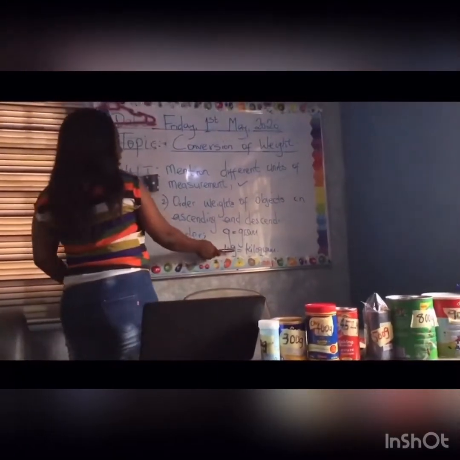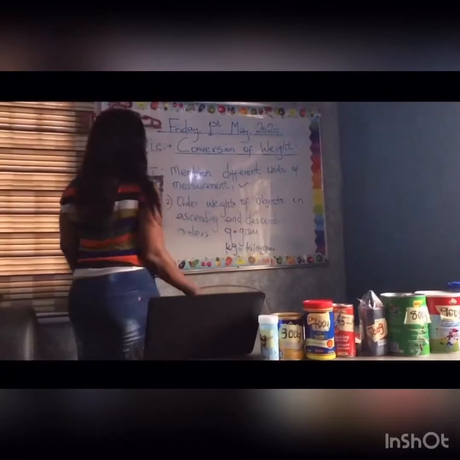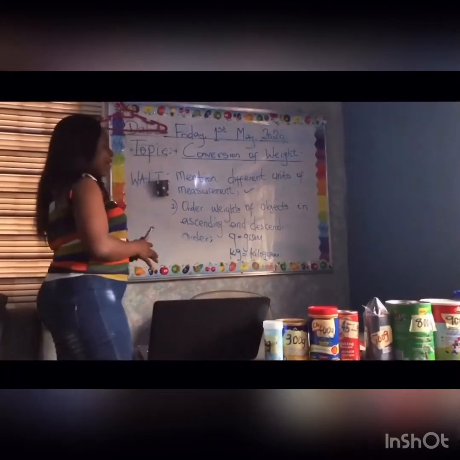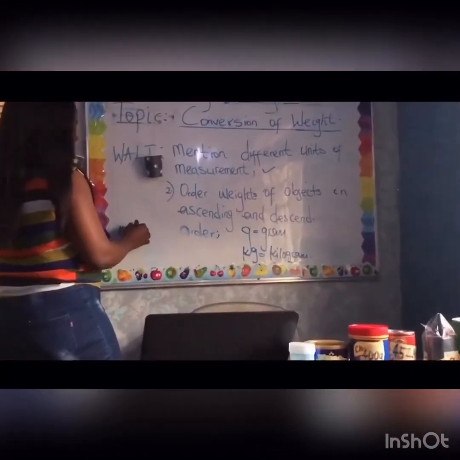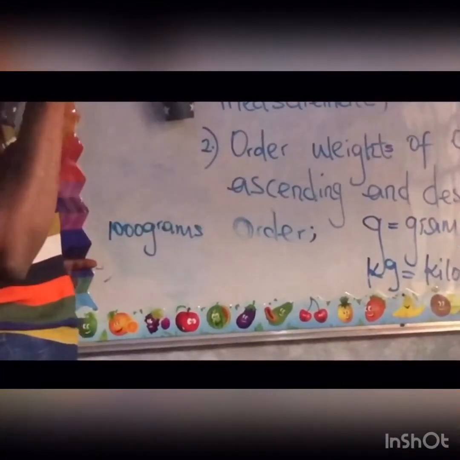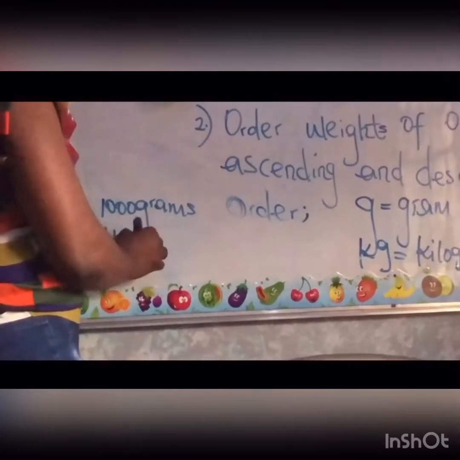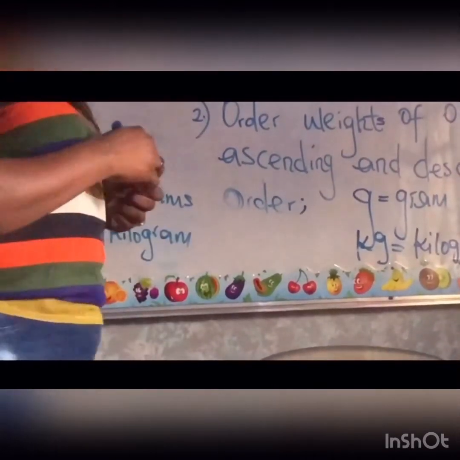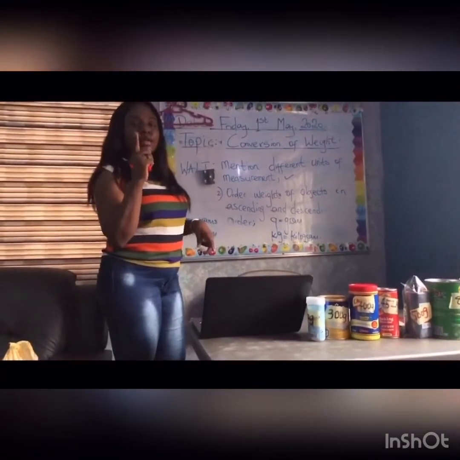The K stands for kilo, while the G stands for gram. That's kilogram. And we have 1,000 grams contained in 1 kilogram. So it means that 1,000 grams makes 1 kilogram.